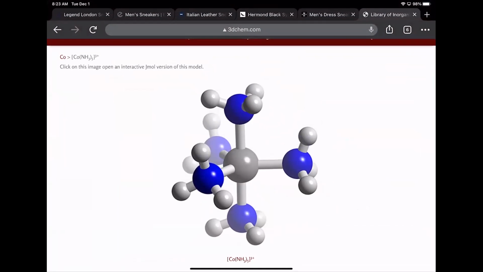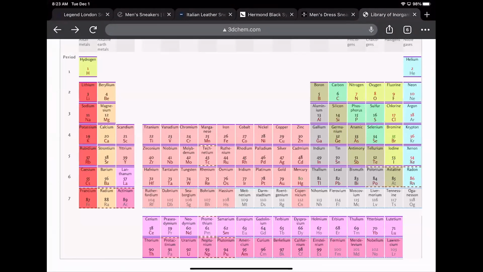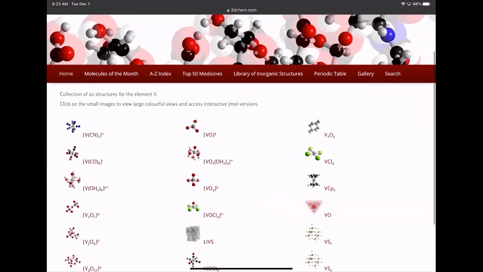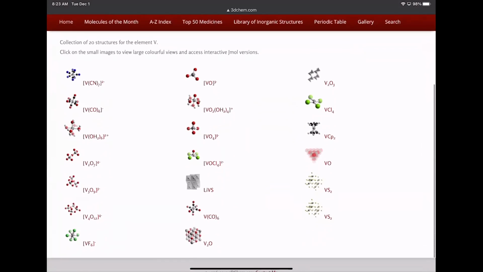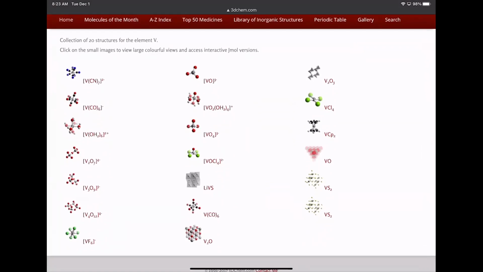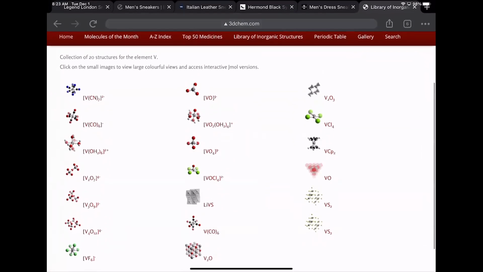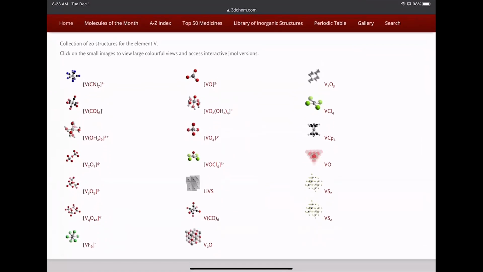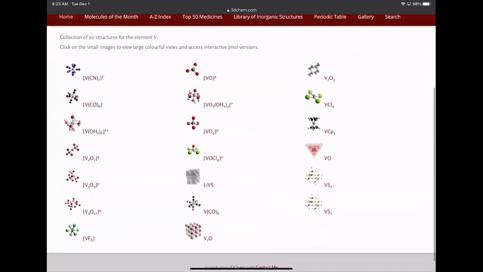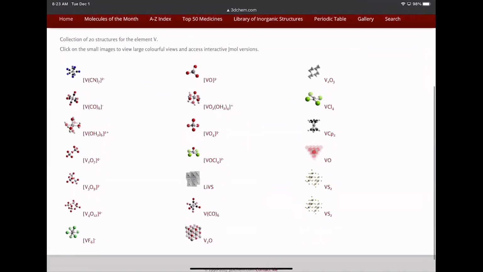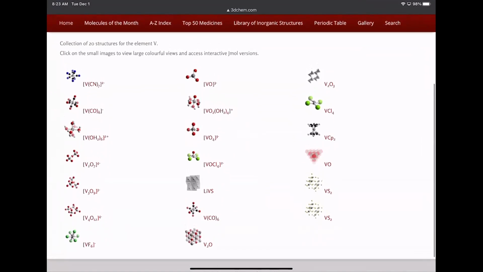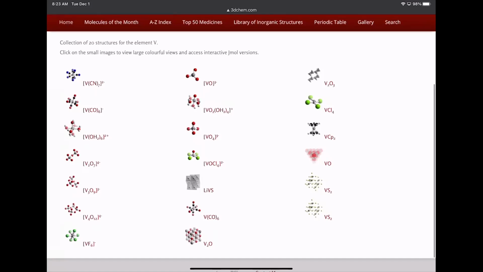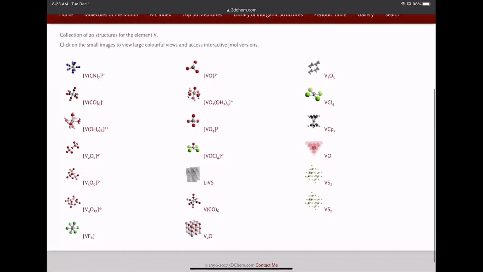Let's see what we have here. Oh, nope, doesn't look like they have anything with a coordination number of 5 here. Oh, we can use this one here.